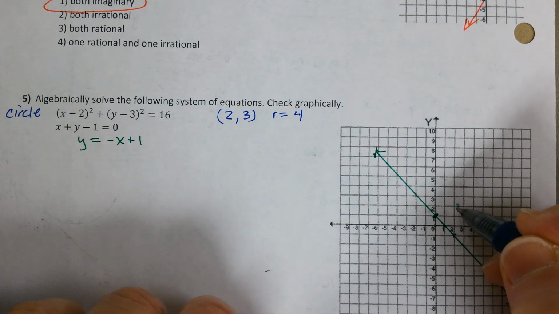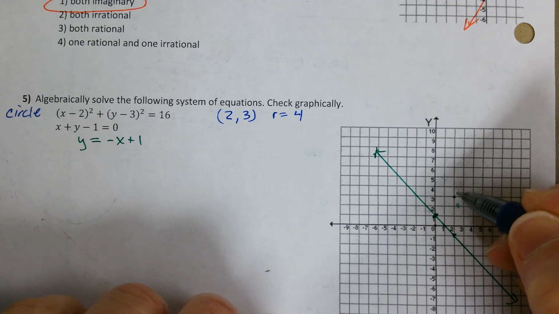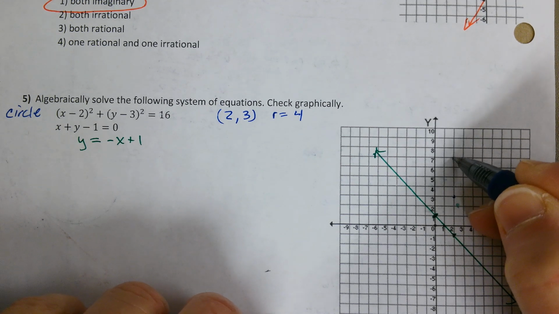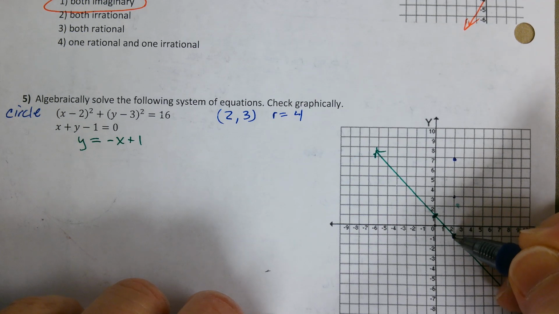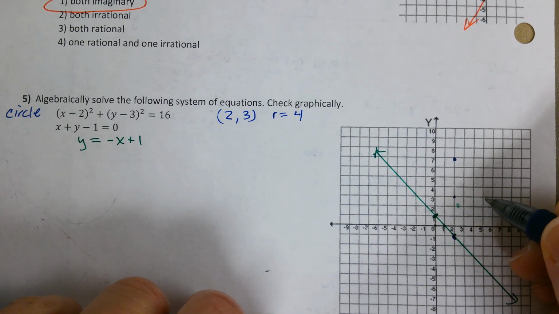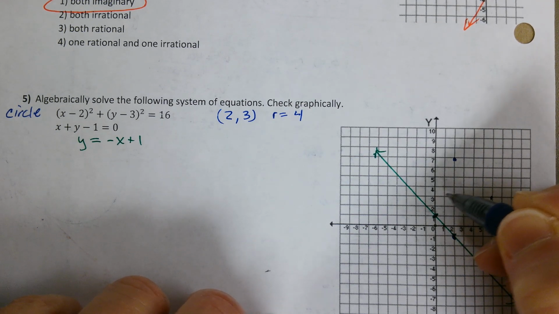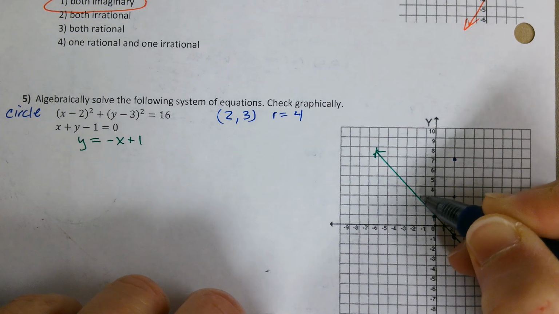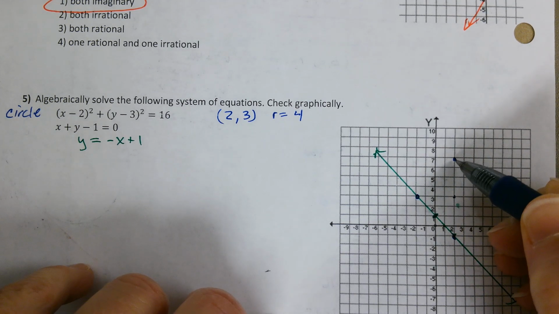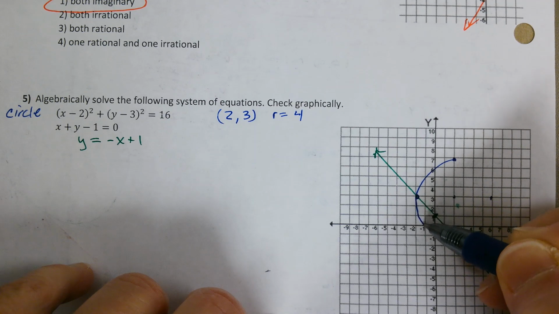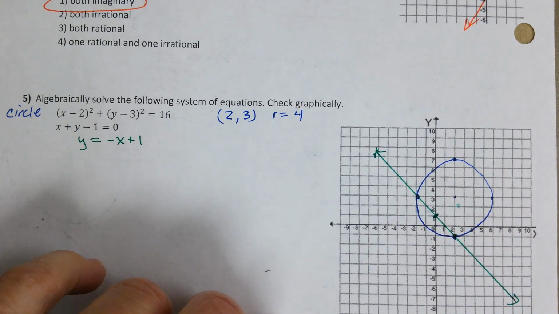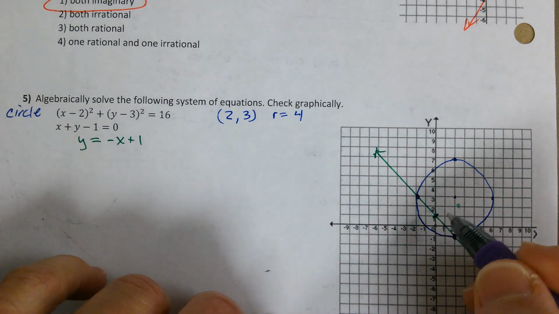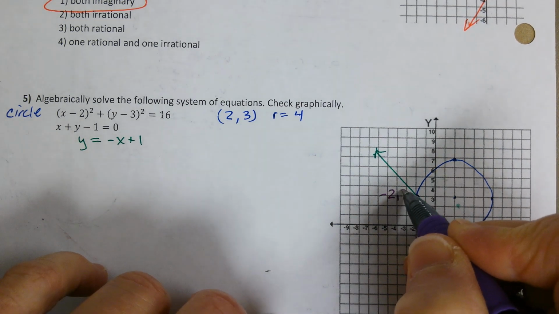Circle has center 2, 3, and a radius of 4, so from the center, north 4, south 4, there's 1 point of intersection, east and west. Oh, and there's a second point of intersection. -2, 3.